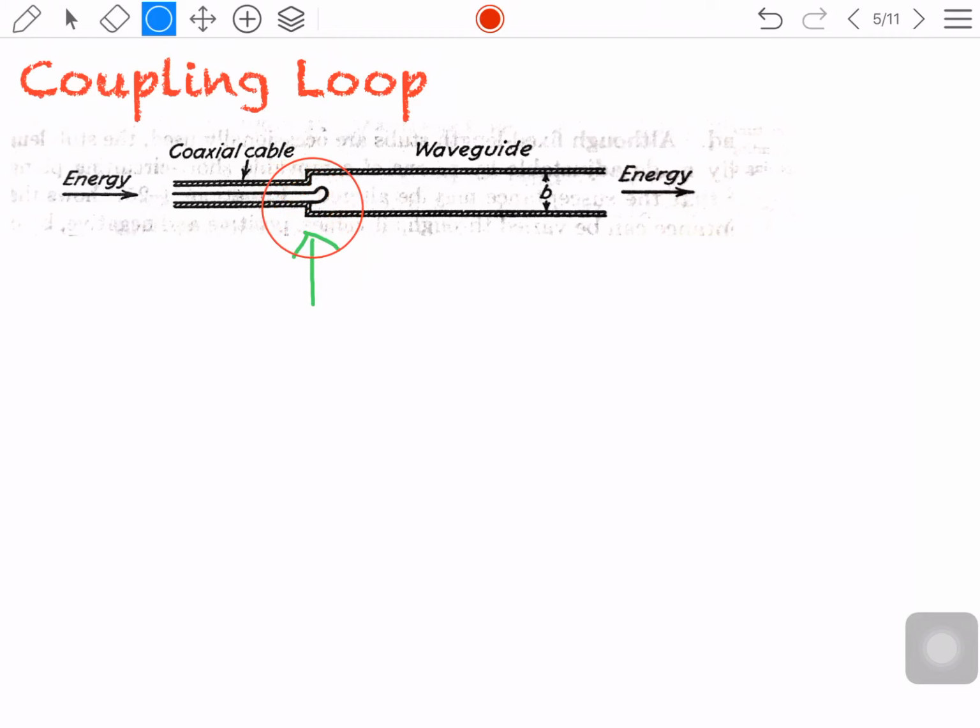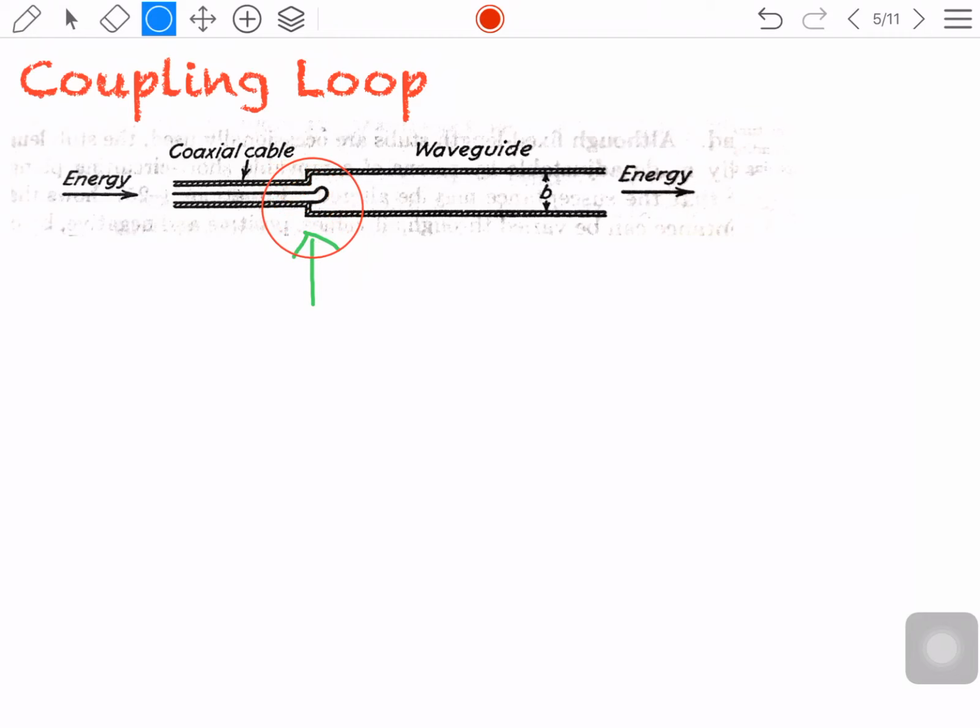Here we need to remember that the plane of the loop should be perpendicular to the magnetic field for maximum coupling. Now, the degree of coupling can be increased based upon the size and the shape of the loop. As the area of the loop increases, the amount of coupling increases further.